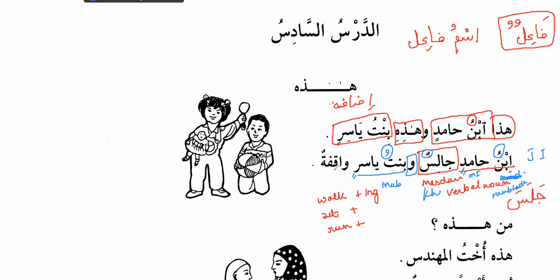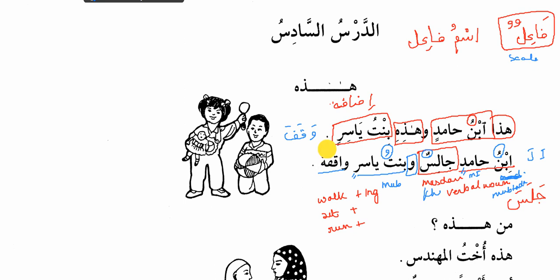And waqifatun, this is also a verbal noun, masdar, coming from the verb waqafa, meaning to stand. Now waqifun is following the same scale, the fa'il, and it's the ism al-fa'il. Who is standing here? The bint, the girl is standing. So in case of feminine, what will you add?